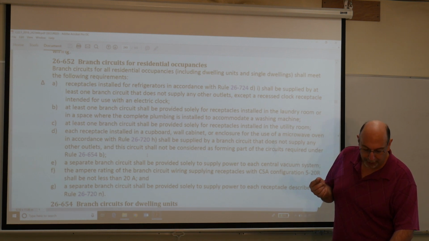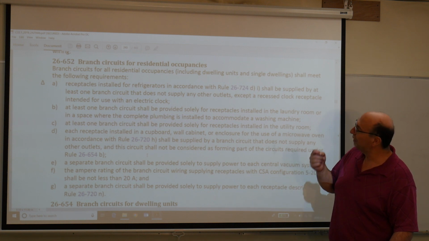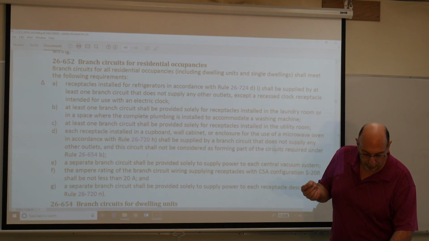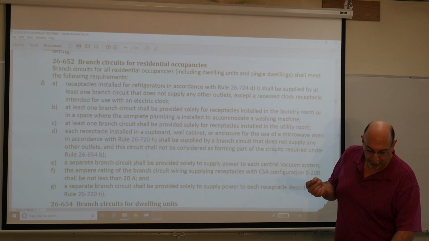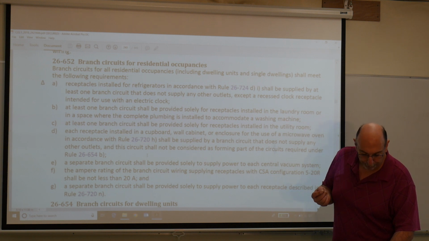Subrule B, at least one branch circuit shall be provided solely to receptacles installed in laundry rooms or in a space where the complete plumbing is installed to accommodate a washing machine. So you have to supply one circuit into the laundry room area.